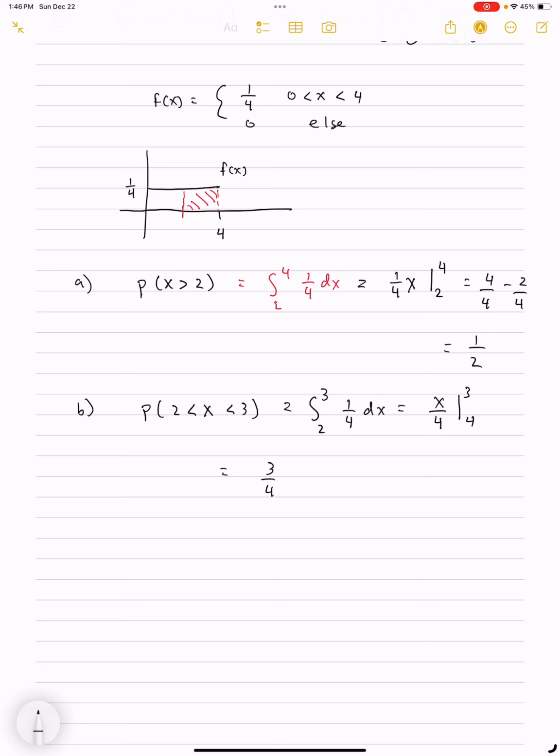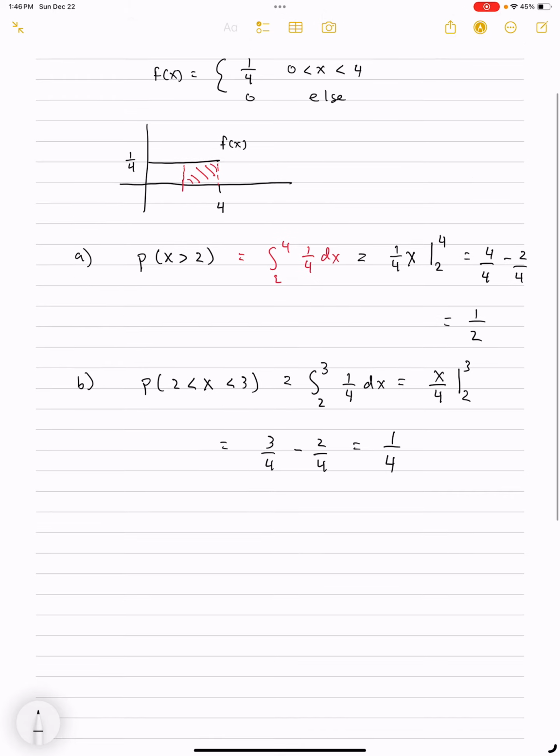And excuse me, the limit of integration here should be from 2 to 3. Okay, so indeed that is 1/4.